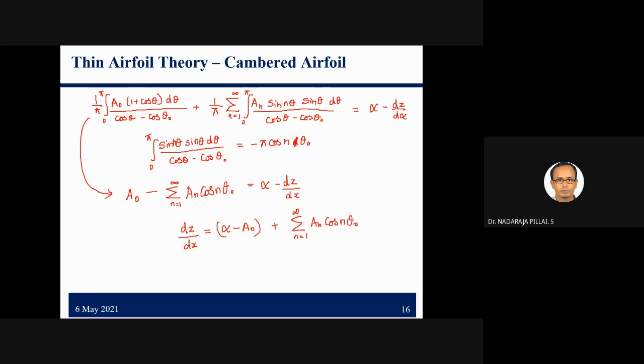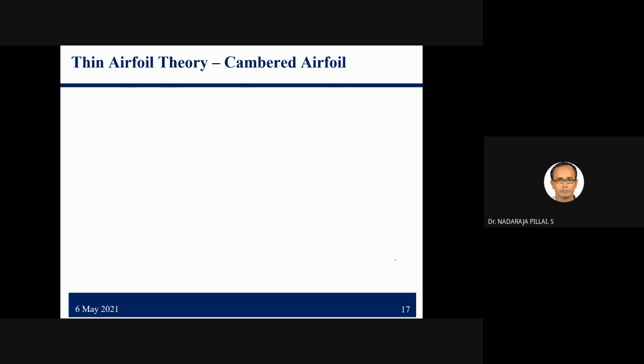So here dz by dx is a function of theta naught, right? And we already know that x is equal to c by 2 into 1 minus cos theta naught, right? So we need to calculate a naught and a n, right?